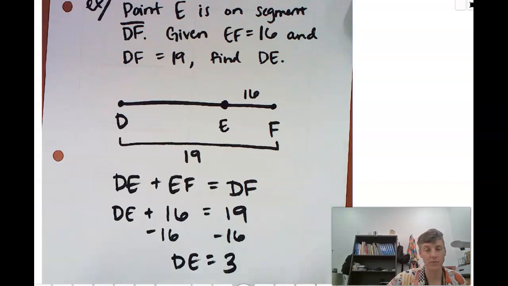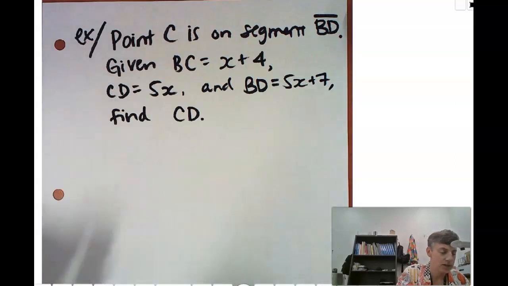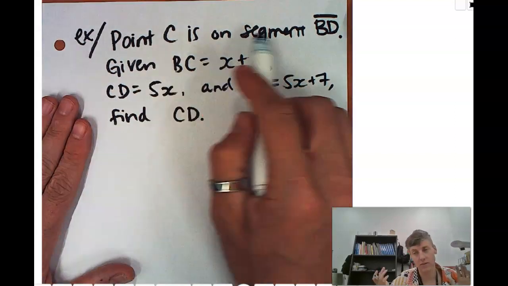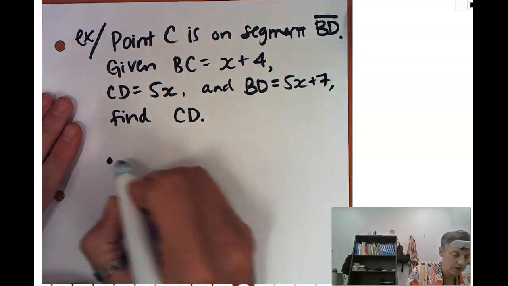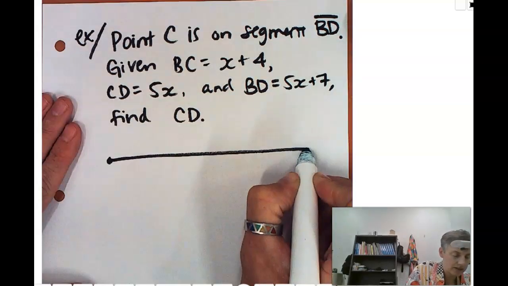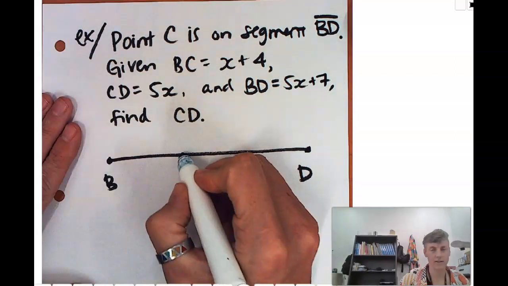Let's do one more example. All right, this question looks like it's got some algebra in it, but that's not too scary. We can handle it. This says point C is on segment BD. What do I need? A picture. Yes. So I've got segment BD. I've got C somewhere on that segment.